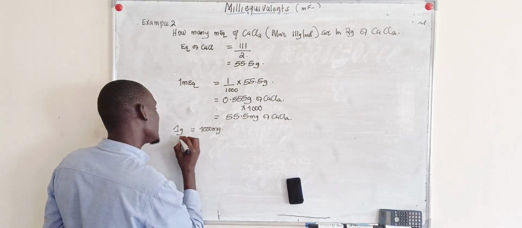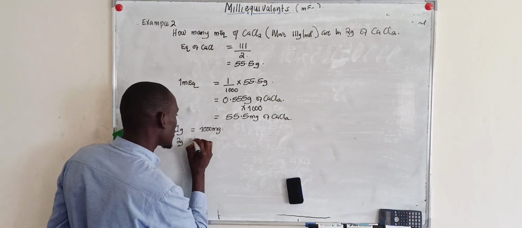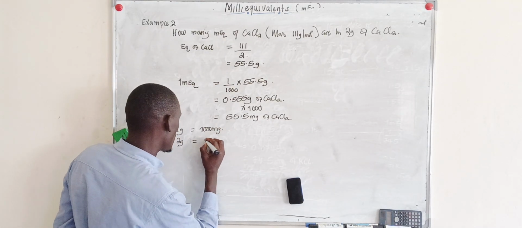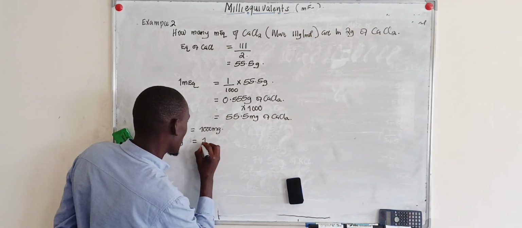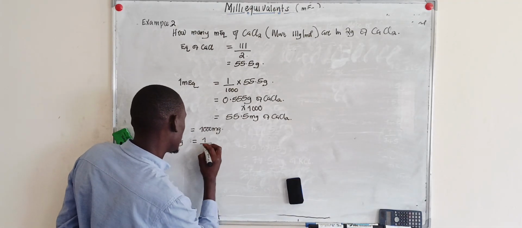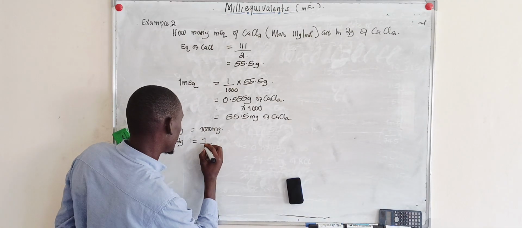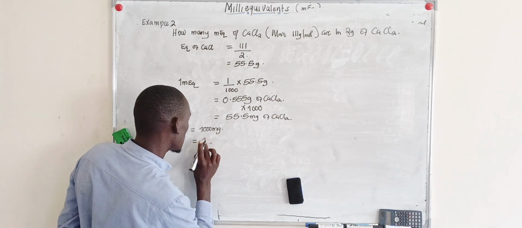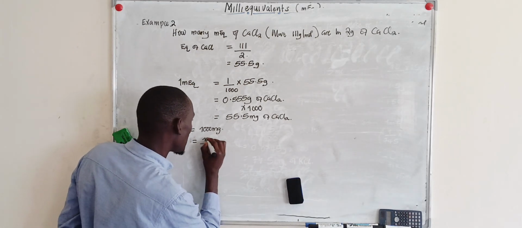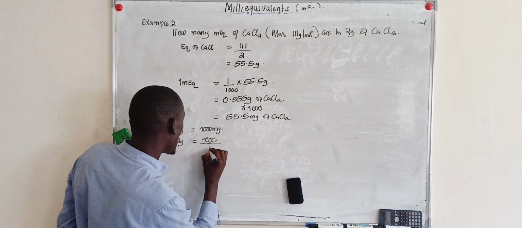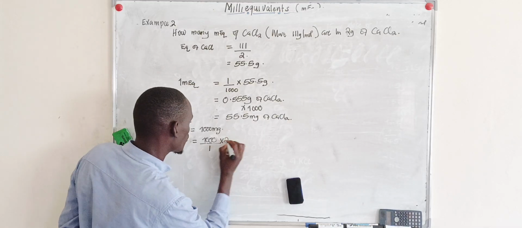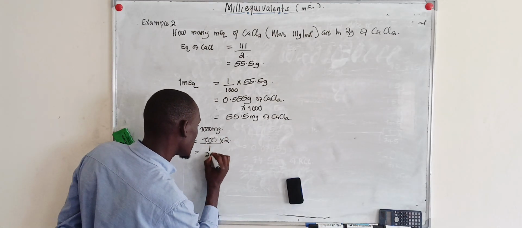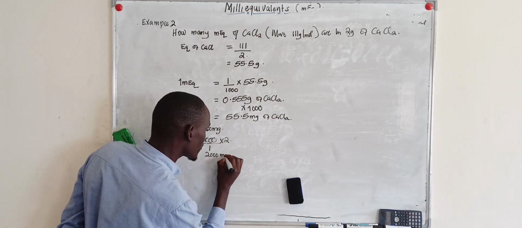That means 2 grams will be equivalent to 1,000 divided by 1 times 2, and this will give us 2,000 milligrams.